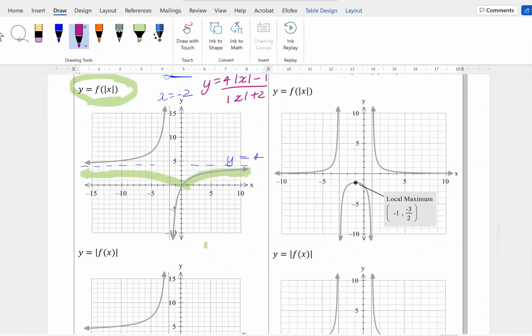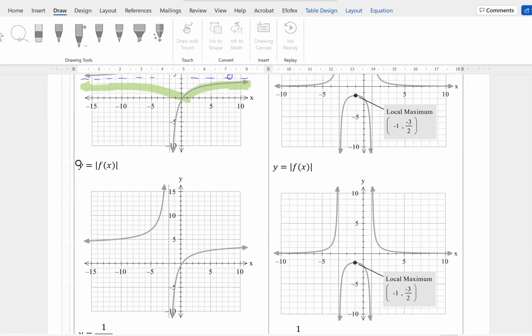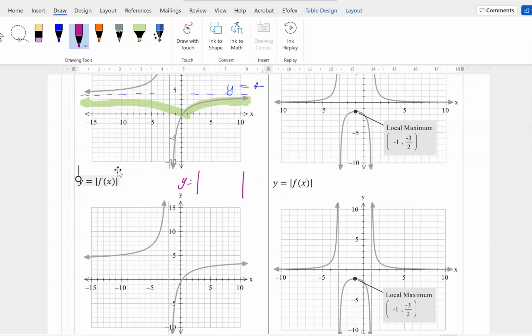What I was getting confused about, because I did it in a different order before, is that this one is y equals the modulus of whatever that function was, 4x take 1. And so that makes sense for what we're doing: anything that's positive stays where it is, but anything that's negative becomes positive.